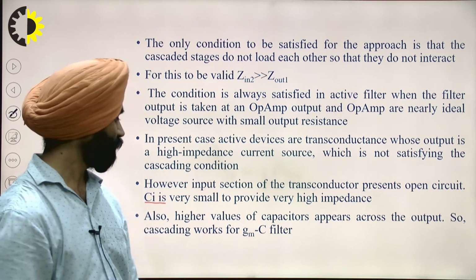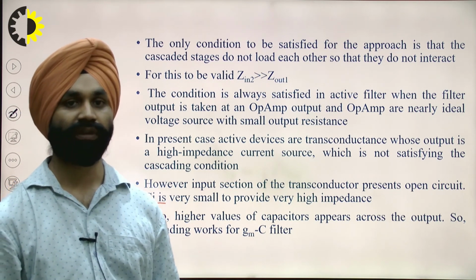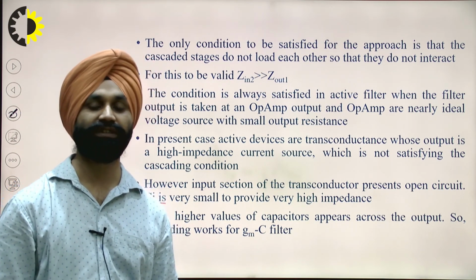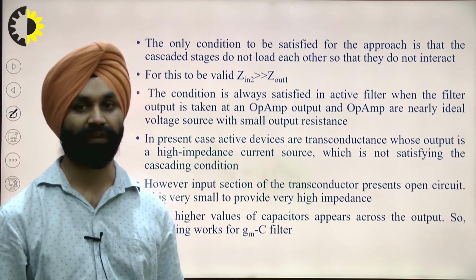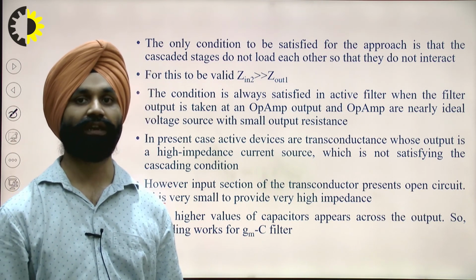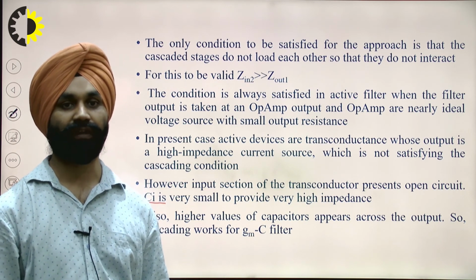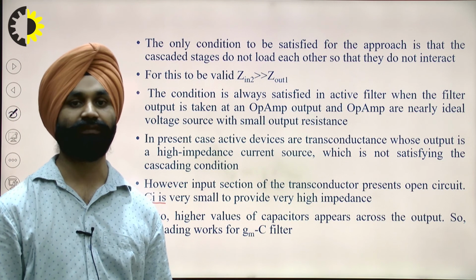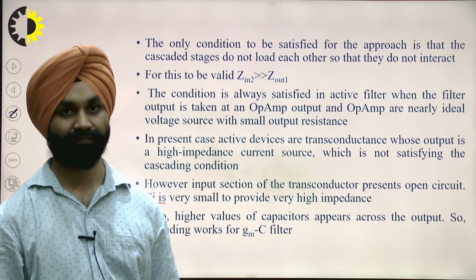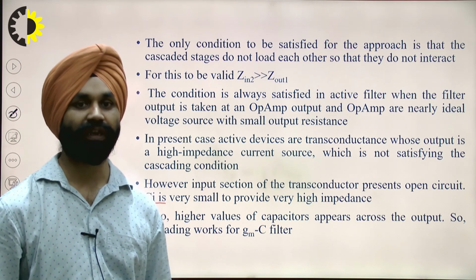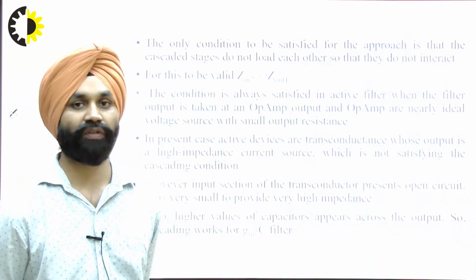So the cascading works for the GMC filters. So we can take the cascading of the first and the second order filters to make the whole GMC filter. So in this way we can design the higher order filters also.